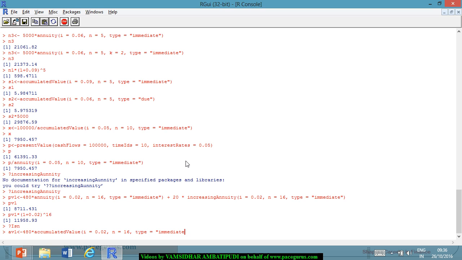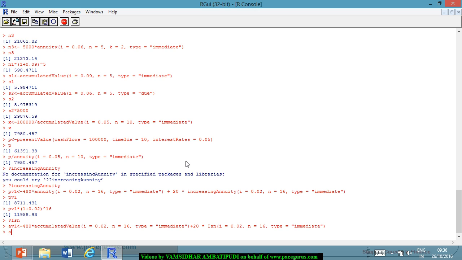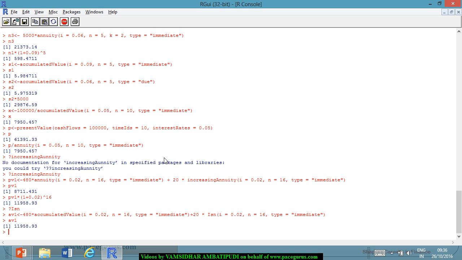So this is my accumulated value for 480, and for the 20 I will use ISN, the increasing accumulated value. Again the same logic, I equal to 0.02, N equal to 16 and the type is immediate. By giving this as the input, I can get my AV1, which is similar to doing a capitalization on the present value of the annuity that I have got.